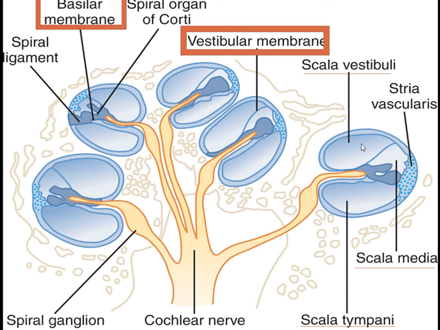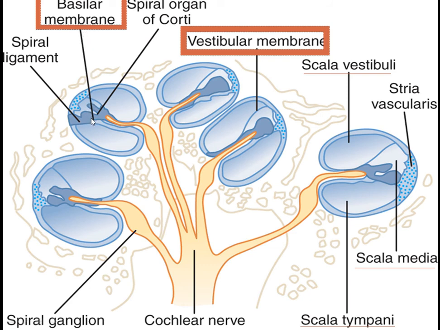These two compartments, that is the scala vestibuli and scala media, are separated from each other by the vestibular membrane, while the scala media and the scala tympani are separated from each other through the basilar membrane.